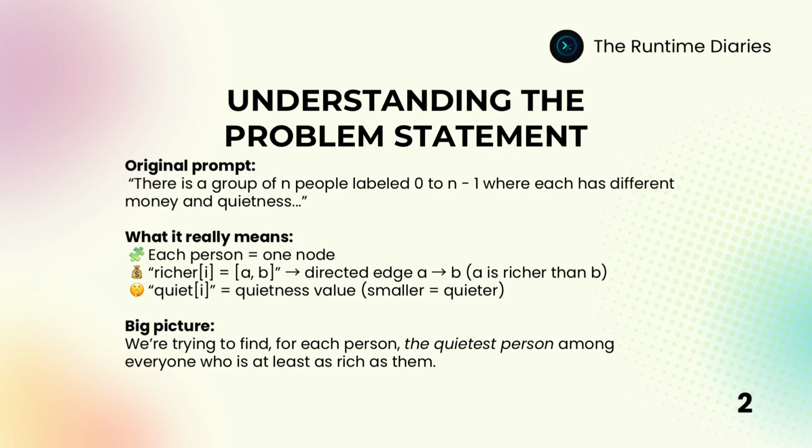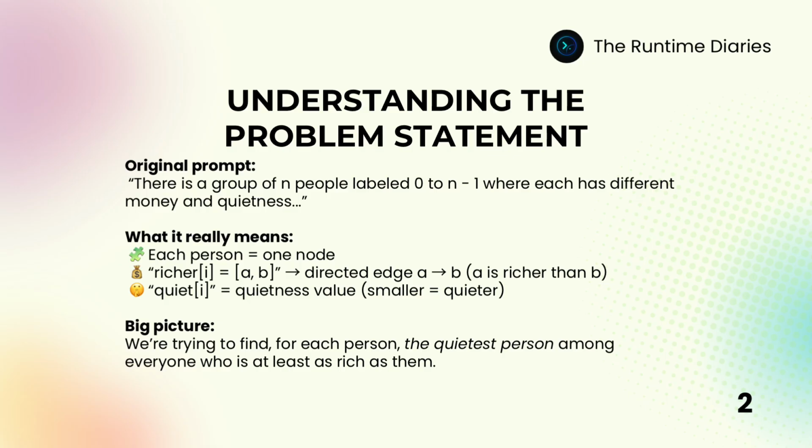The problem starts by describing a group of n people labeled from 0 to n minus 1. Each person has two properties, their amount of money and their quietness level. Then it says, richer[i] = [a, b] means that person a has more money than person b.